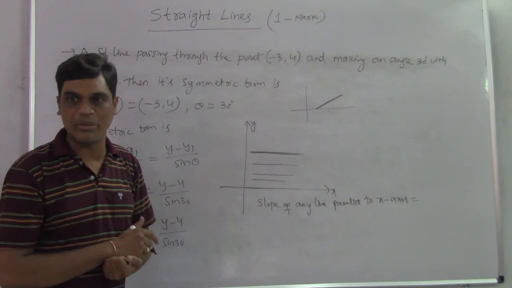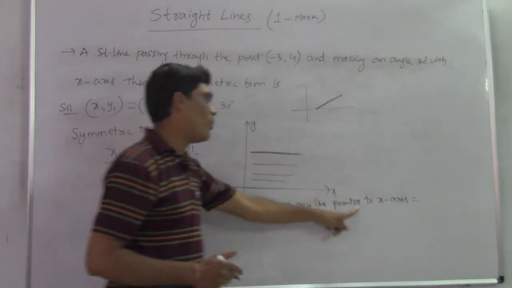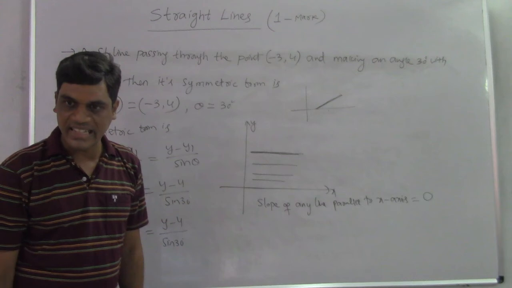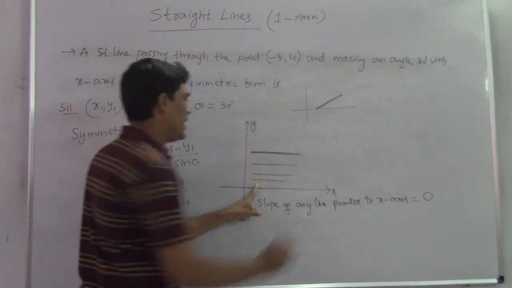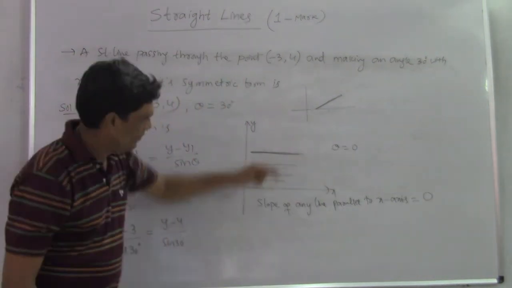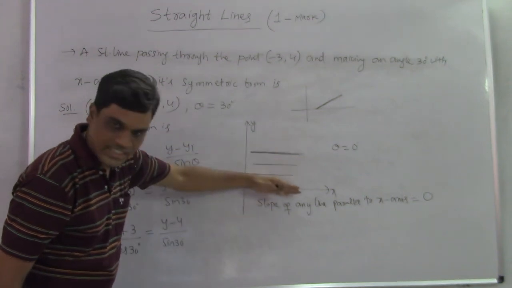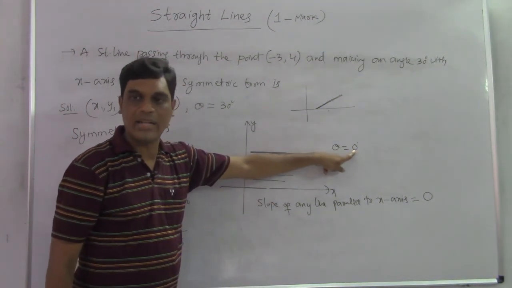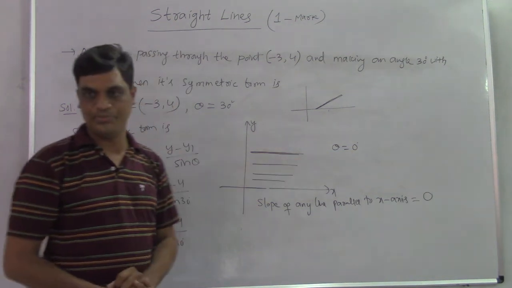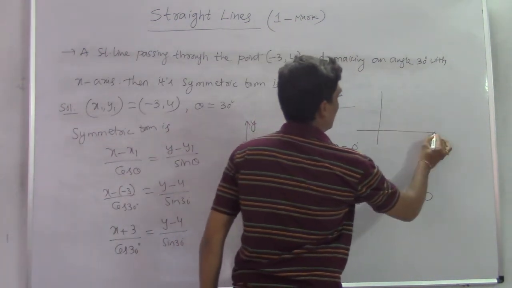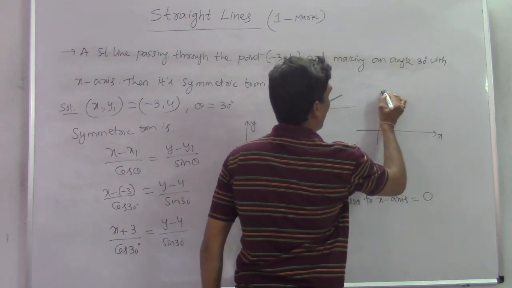That's why slope of x-axis is 0. Slope of x-axis will always be 0. Why? Because here we may take theta as 0 only. That's why m is equal to tan 0, which is 0.